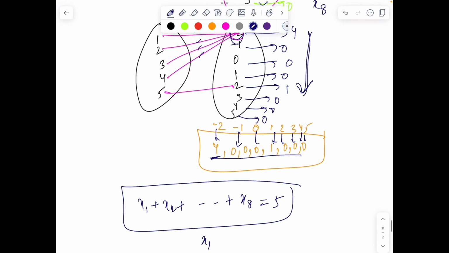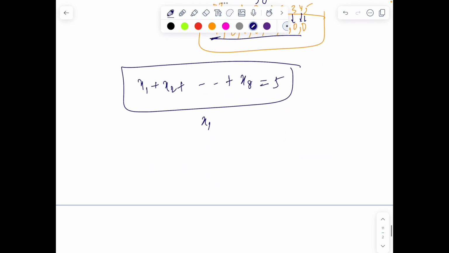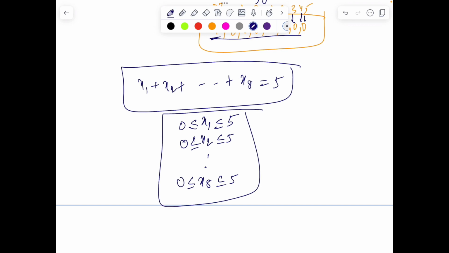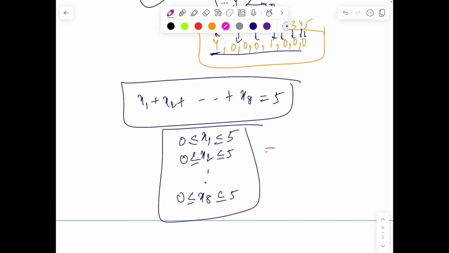Now, how many connections can X1 have? It will definitely have more than or equal to 0 connections, right? So it can have 1, 2, 3, 4, 5. So X1 must be at least 0 and at most 5. What about X2? At least 0, at most 5. Similarly, X8, at least 0, at most 5.